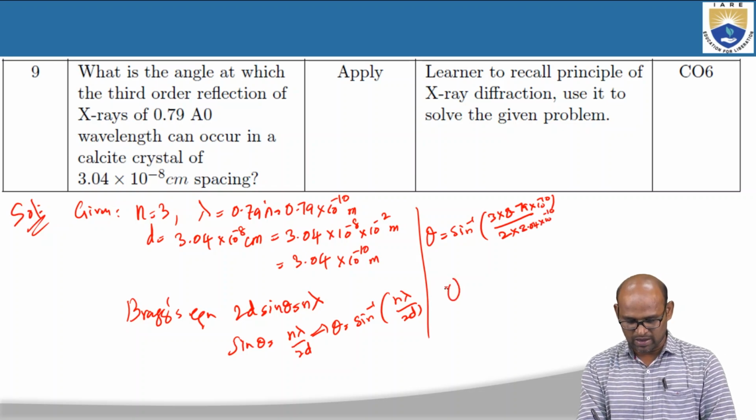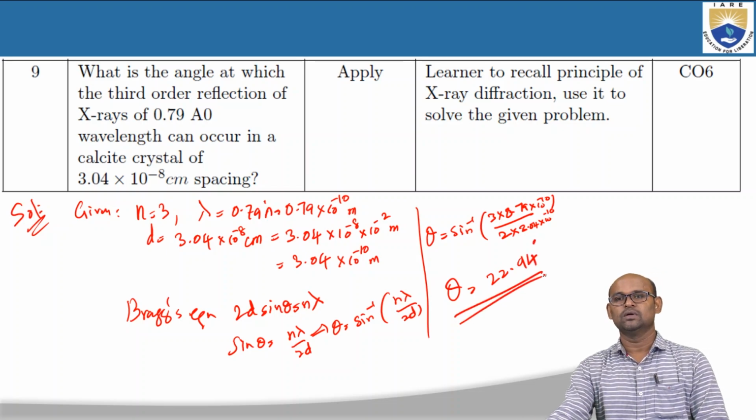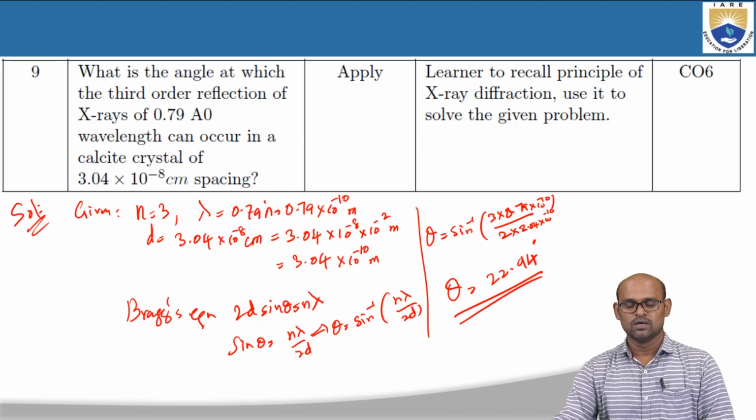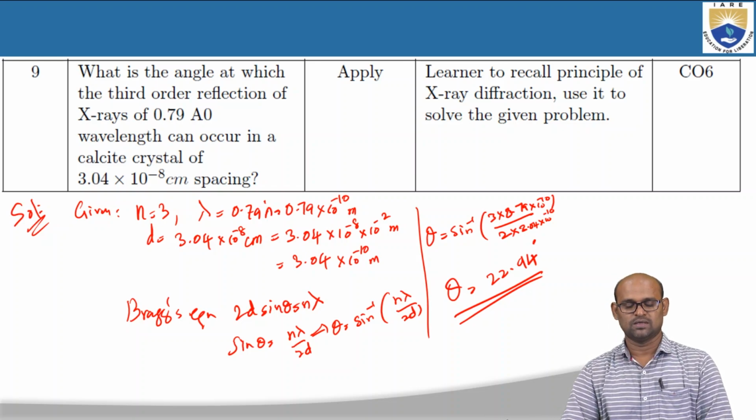So substituting all the values, we'll get theta as 22.94 degrees. So this is the angle at which third order reflection occurs in this calcite crystal of the given spacing.